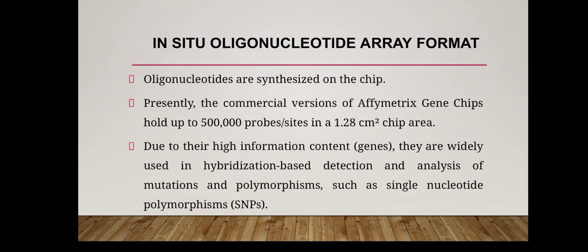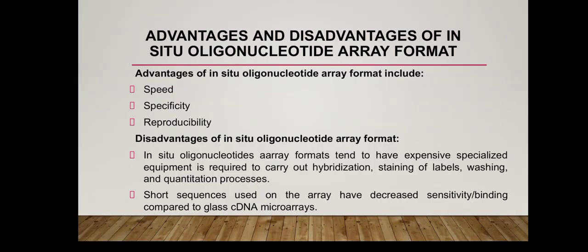High-density oligonucleotide arrays have some features which they represent: in situ synthesis and high probe density. Applications include gene expression analysis, mutation detection, and SNP analysis. Advantages of the in situ oligonucleotide array format include speed, specificity, and reproducibility.